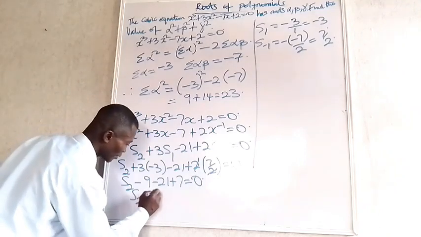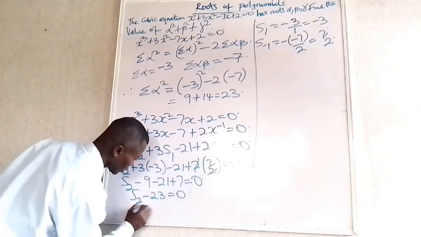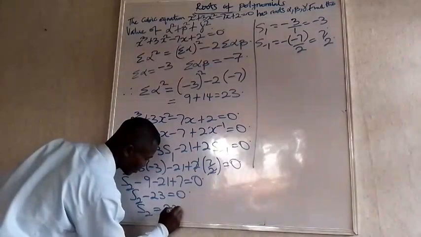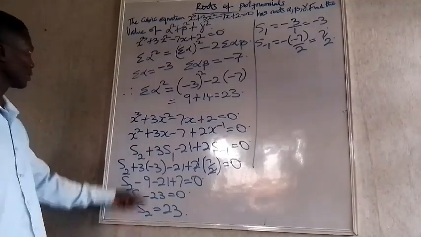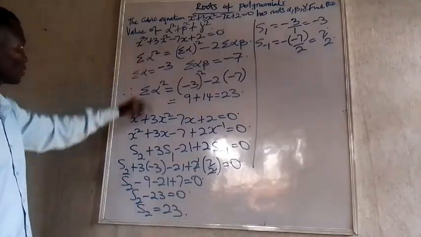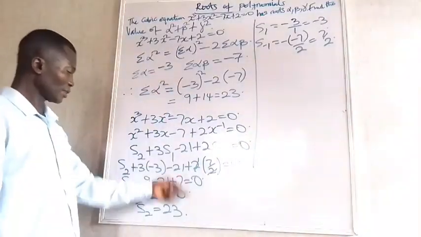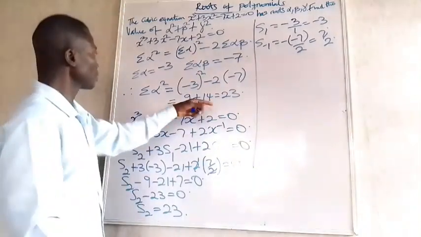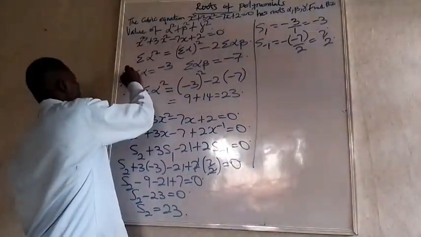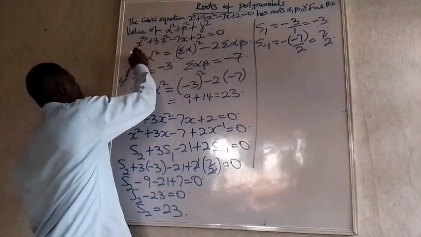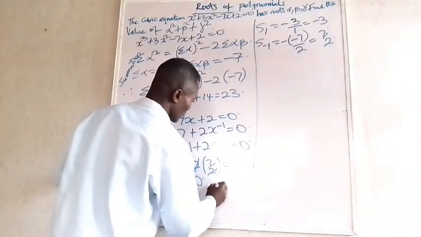So S2 minus 23 equals 0. So S2 is equal to 23. So you can see it's the same thing. So summation alpha squared is equal to 23. So this is if you use summation, and this is if you use recurrence.